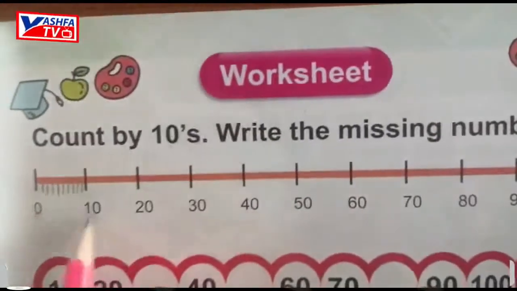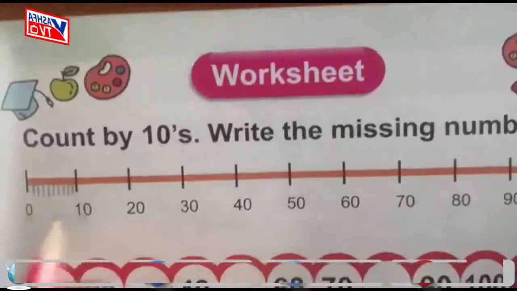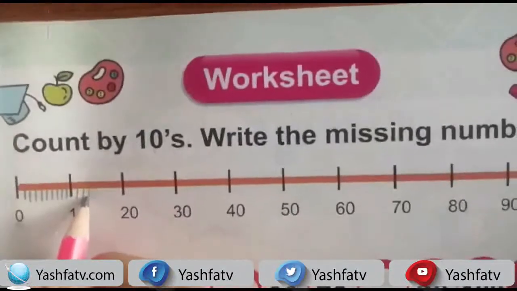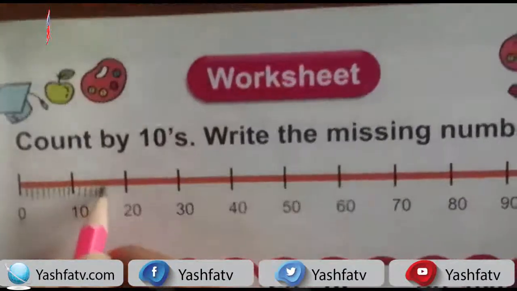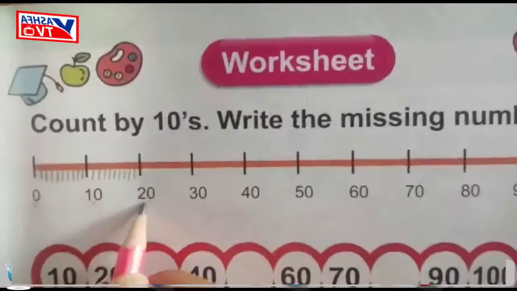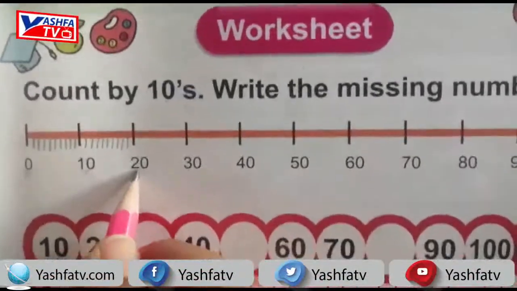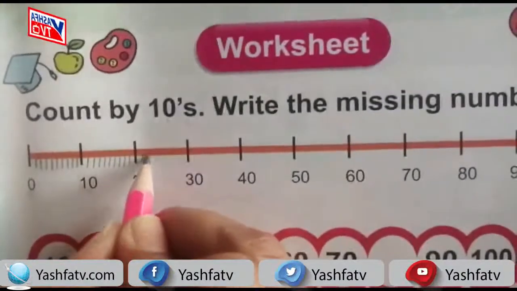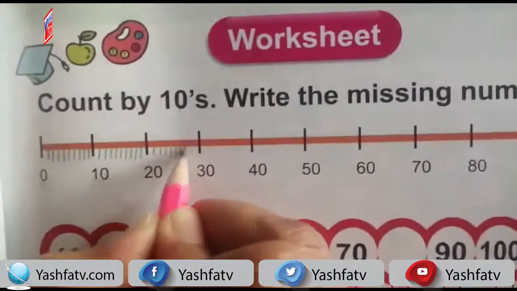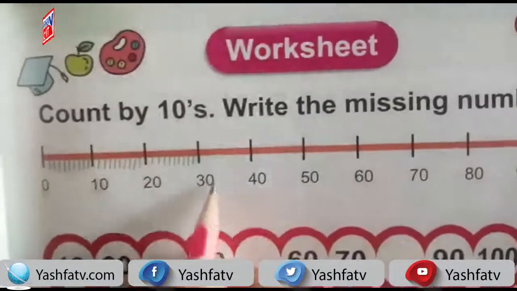And 10 to 20 there are also 9 numbers. After 10 there is a 11, 12, 13, 14, 15, 16, 17, 18, 19 and 20. And after 20 there is a 21, 22, 23, 24, 25, 26, 27, 28, 29 and 30.